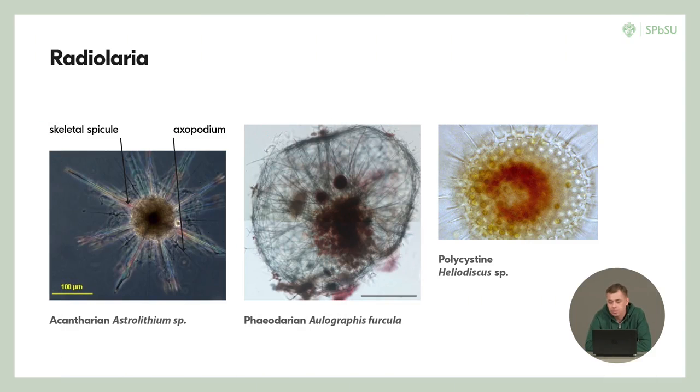Radiolarians, the other amoeboid group, are marine and planktonic, and unlike foraminifera, have internal mineral skeletons composed of spicules or even solid internal perforated skeletons having a variety of shapes.